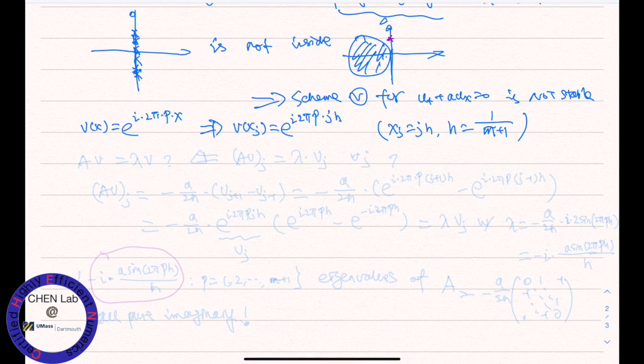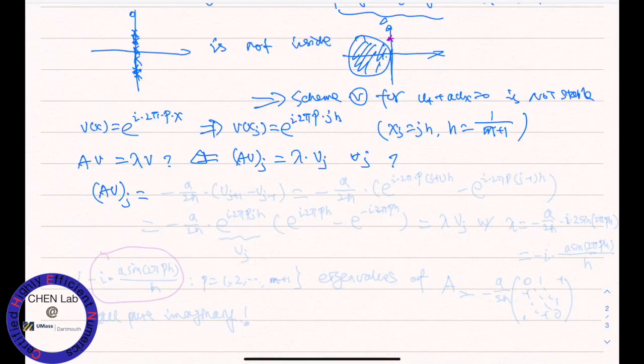So then we need AV equal to lambda V, all right? So we need to look at AV at the jth component, which is equal to lambda times V at the jth component, for any j. If we can confirm that, we know the eigenvalue lambda for the corresponding eigenvector, eigenfunction v of x. So what is AV?